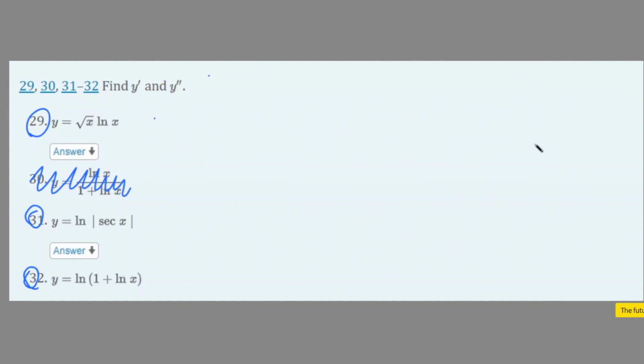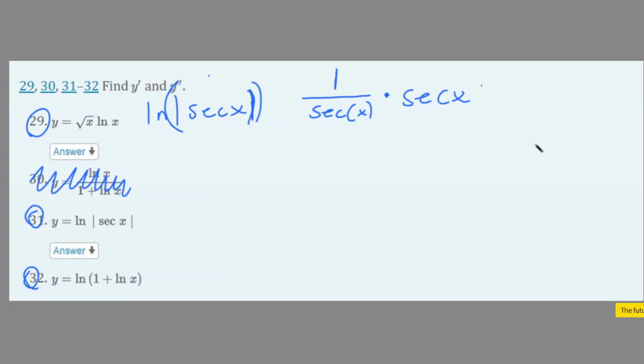Alright, so let's start on number 31 now. So 31, where we have ln of secant x in absolute value bars. So for this, we're going to use the same thing, find the derivative of the ln. We're going to have 1 over secant x, multiplied by the derivative of the inside, which is secant x tangent x. That's the derivative of secant x.